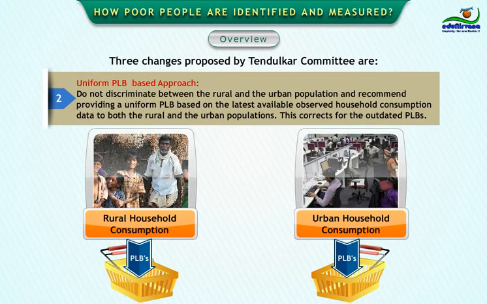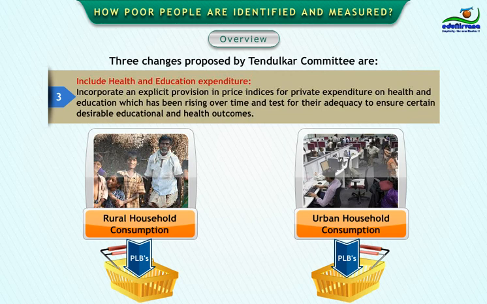Second, do not discriminate between the rural and the urban population, and recommend providing a uniform PLB based on the latest available observed household consumption data to both the rural and the urban populations. This corrects for the outdated PLBs.